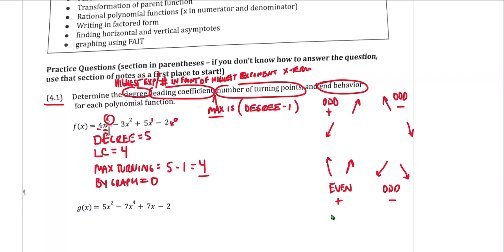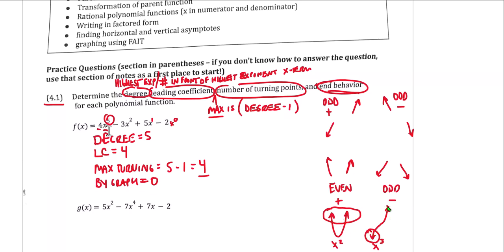Do remember that one of the best ways to do questions that deal with end behavior is to simply write out the x squared function. That's the simplest even function to deal with, and one of the simplest odd functions to deal with is the x cubed function. You can see that in even functions, the two ends of the graph are going in the same direction.